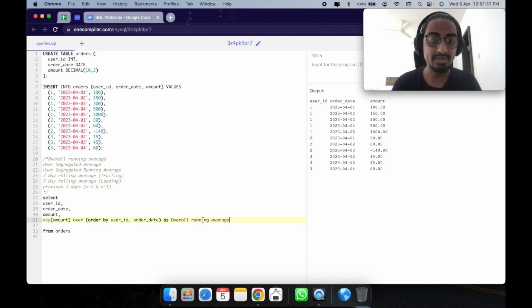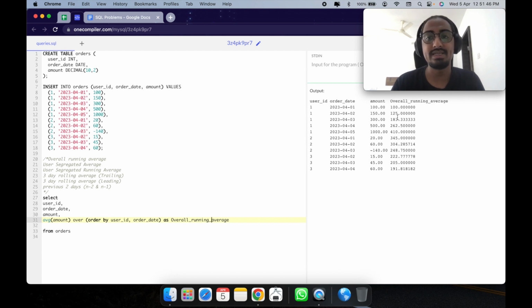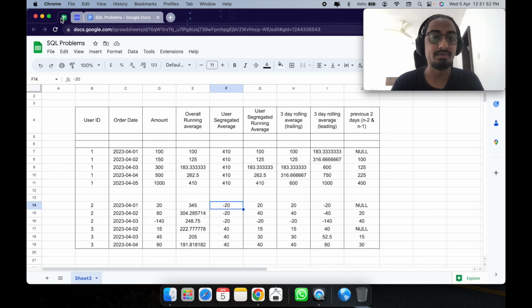So it's going to order by the user ID first, and then order by the order date next, and then calculate the running average. Yes, so if you see, it's 100, 125, 183, 262, 410, 345. So what do we have here? Yeah, the numbers are matching. So this is done here.